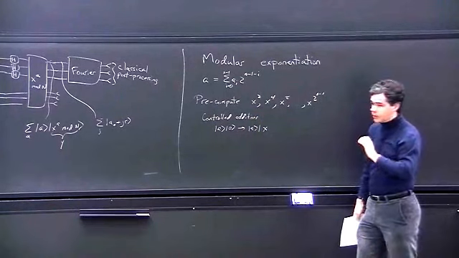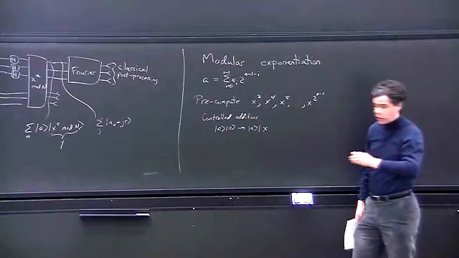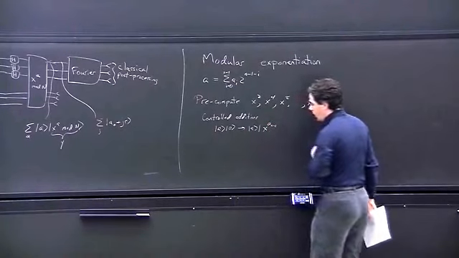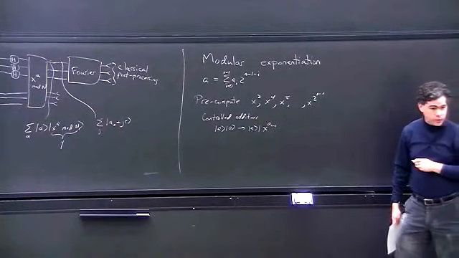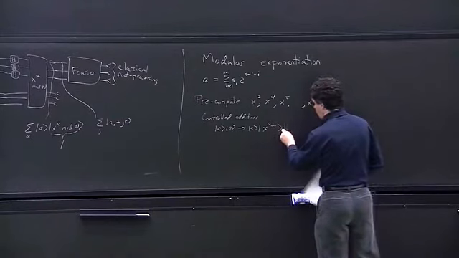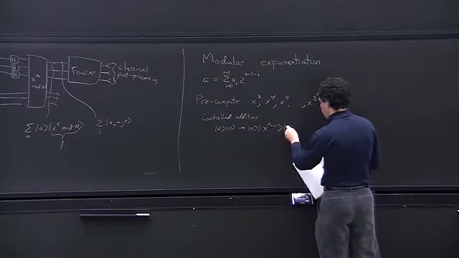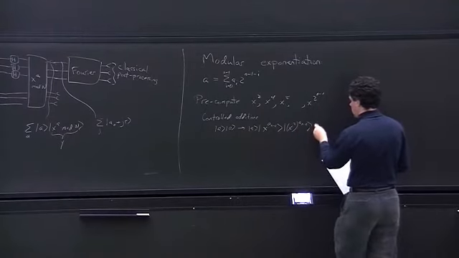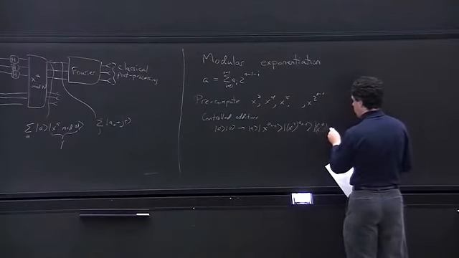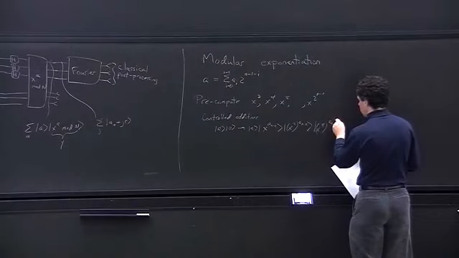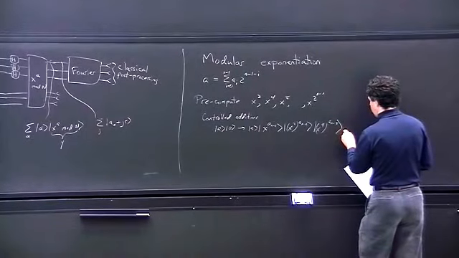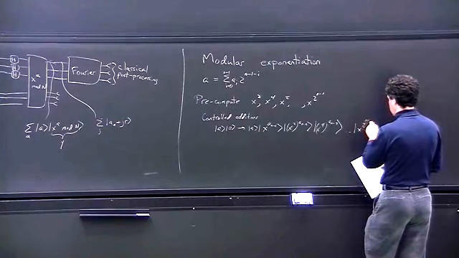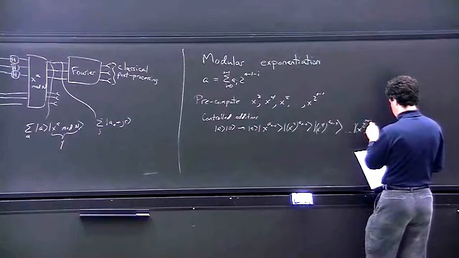If a sub n minus 1 is 1, we want to put x there. So that's x to the a sub n minus 1. And then here we have x squared to the a n minus 2, and x to the 4th to the a n minus 3, and so on. And here x to the 2 to the n minus 1 to the a0.